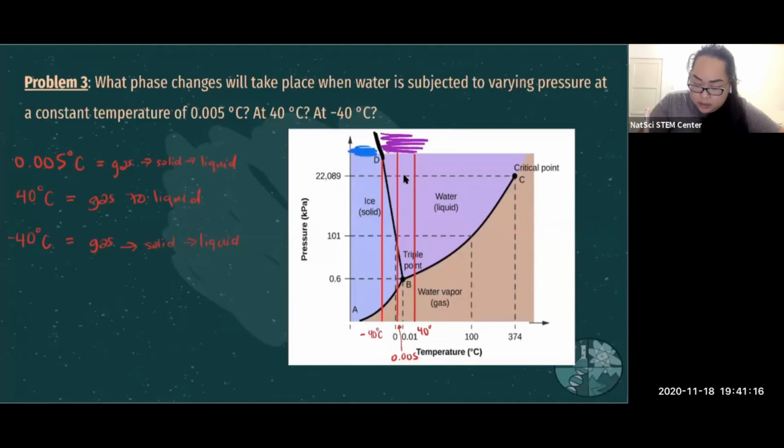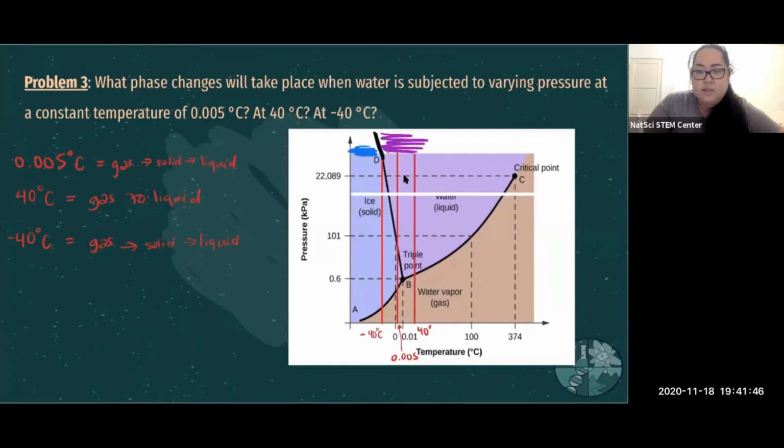At 0.005 degrees Celsius, you're going from your gas, that brown part, to a solid briefly, and then it goes to a liquid. Again, it goes through all of it. And at 40 degrees Celsius, you just go from a gas to a liquid or a liquid to a gas, whichever way you stated it.